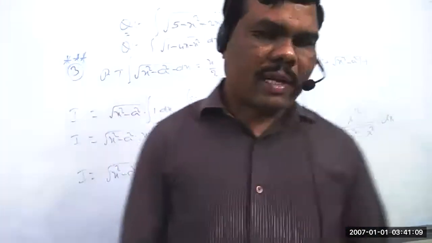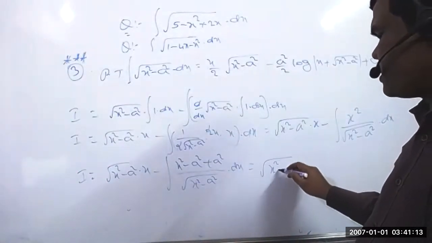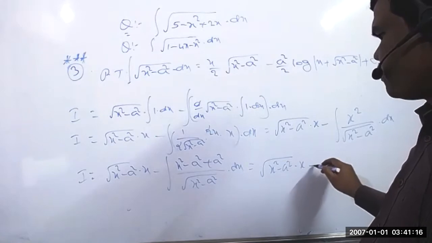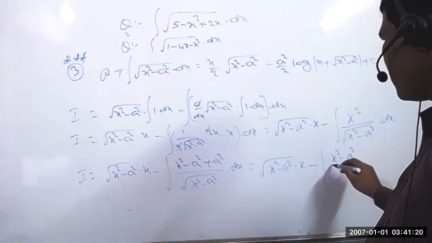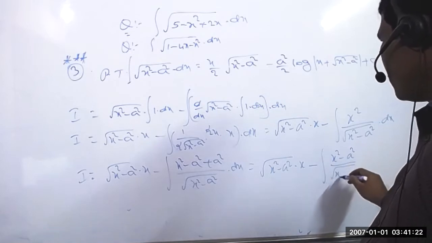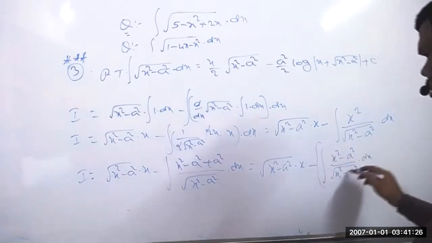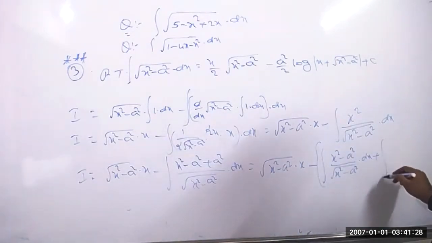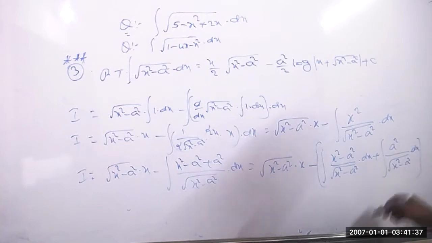Now we can take it separately again. It is equal to root of x square minus a square into x minus integration of x square minus a square by root of x square minus a square into dx plus integration of a square by root of x square minus a square into dx.